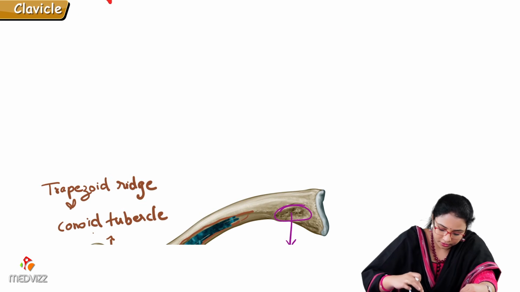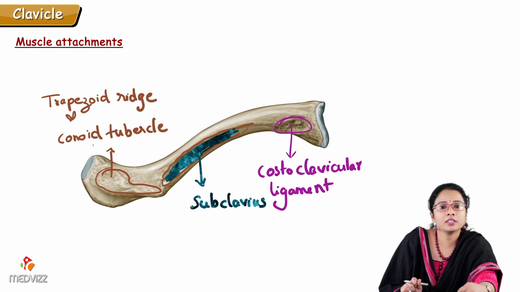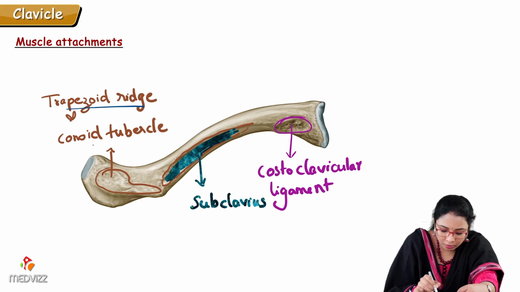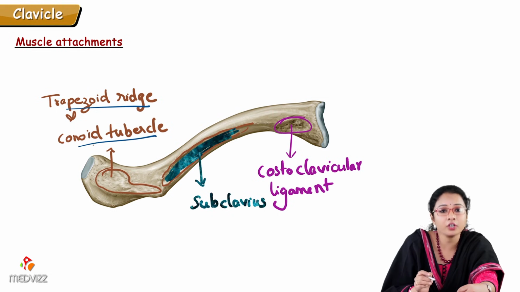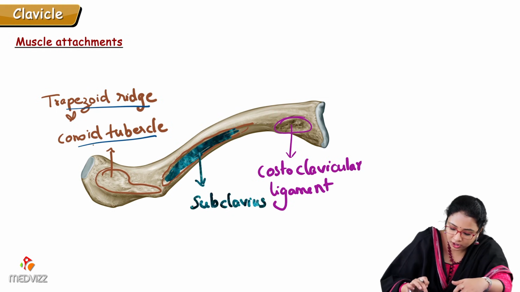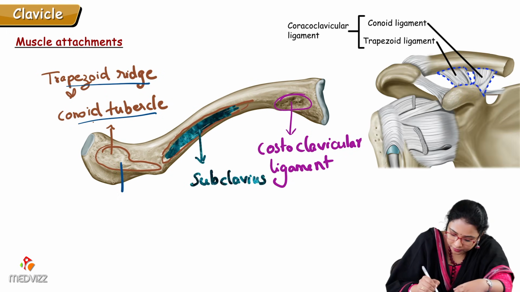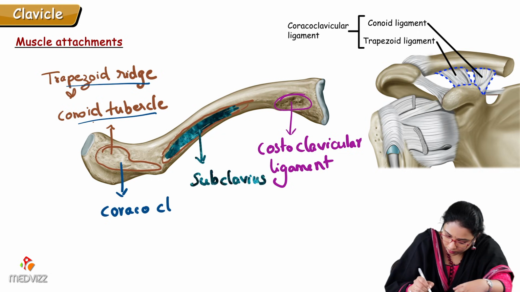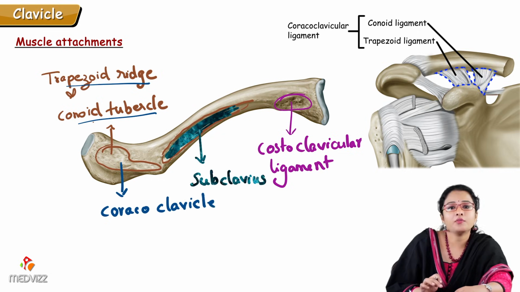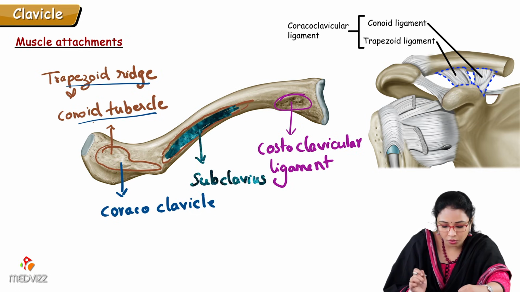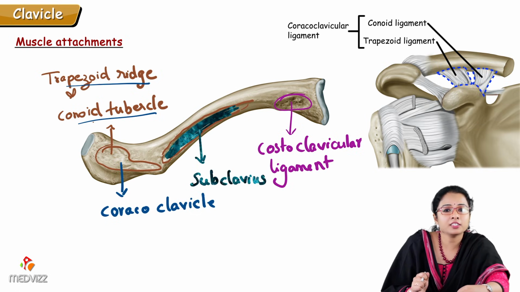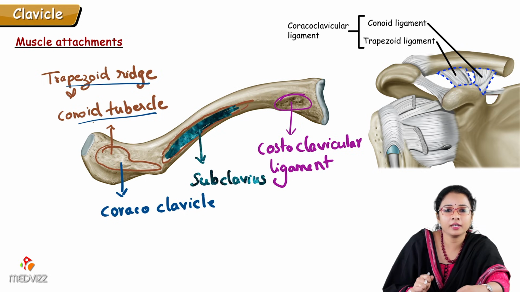The inferior surface exhibits the trapezoid ridge and conoid tubercle, which give attachment to a ligament called the coracoclavicular ligament. So here is the inferior surface where we already discussed the trapezoid ridge and conoid tubercle, which provide attachment to the coracoclavicular ligament.